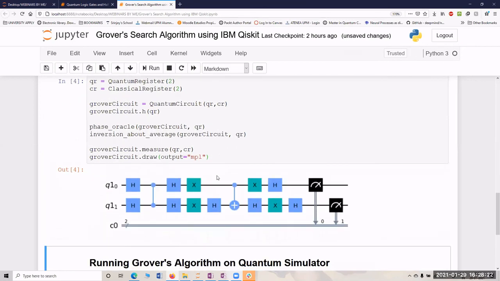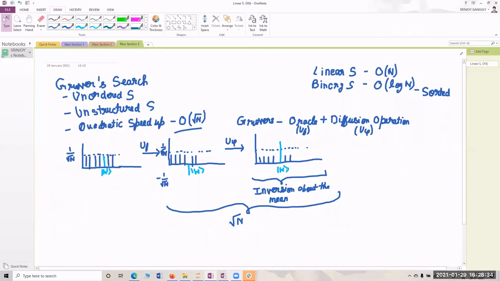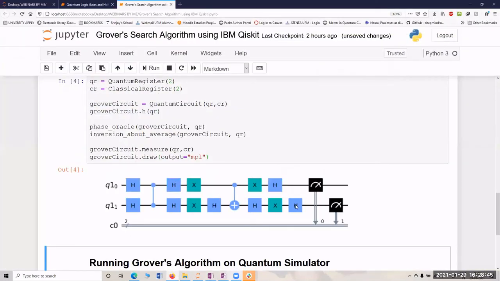So in this circuit, we start with the superposition, we apply our oracle, and then this whole circuit is your Grover diffusion operation. That means this whole circuit is making the amplitude large and then flipping it back, making it highly probable to find the marked item. That's why this is really important.